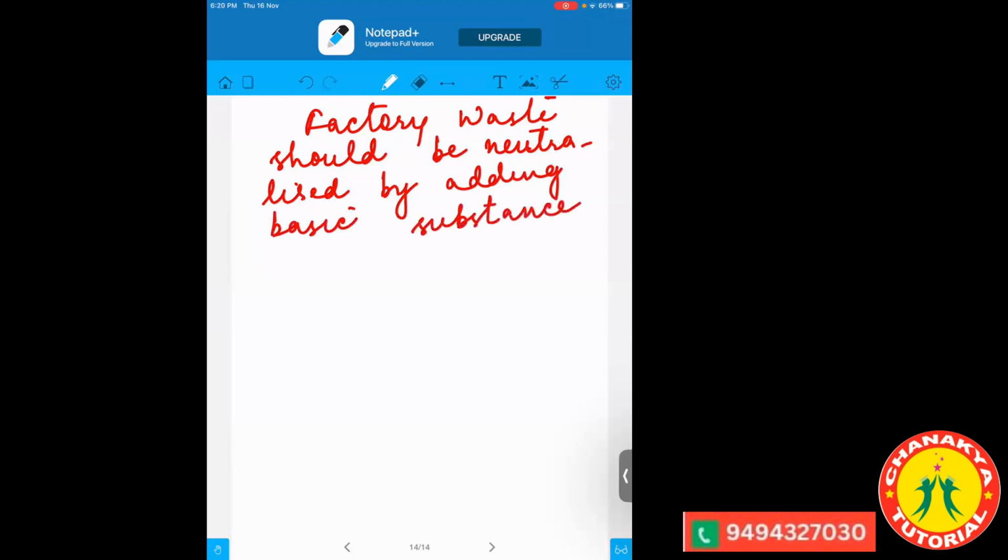And this reaction is also called the neutralization reaction. So since a high amount of acid was there, we need to add the base to it so as to maintain the neutral nature of it.